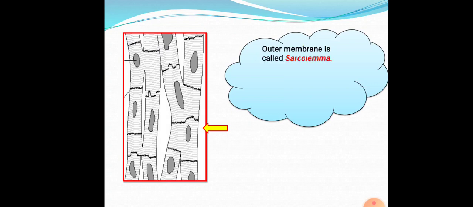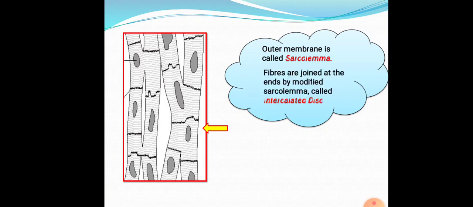The outer membrane, as we know, is called the sarcolemma, and these fibers are joined at the ends by the modified sarcolemma, which is called the intercalated disc.